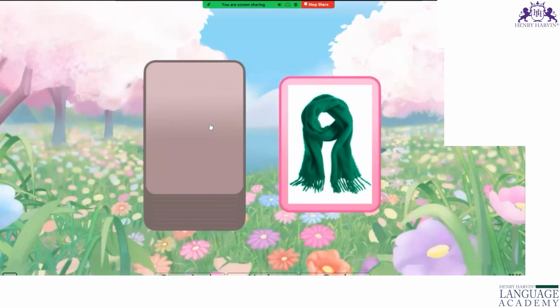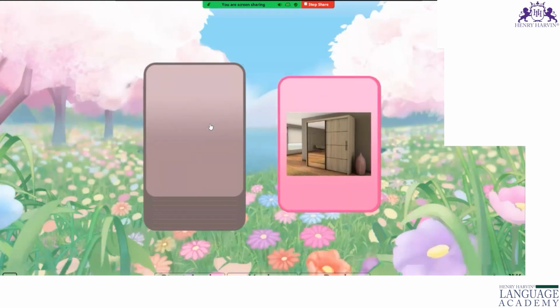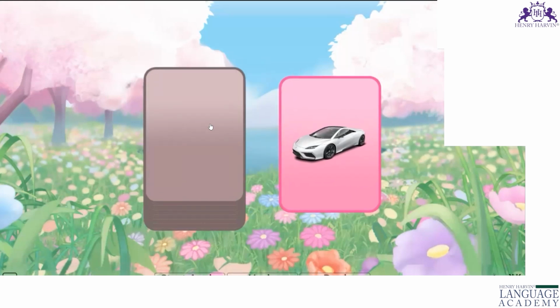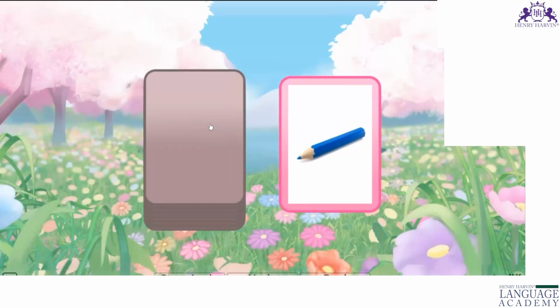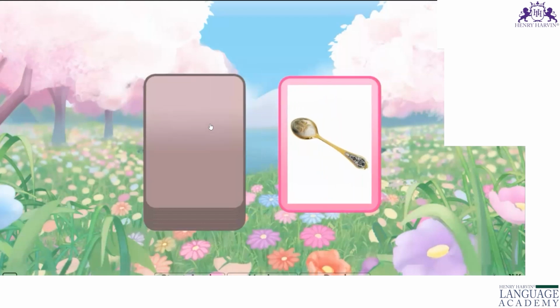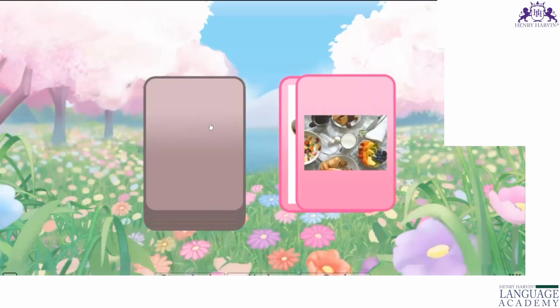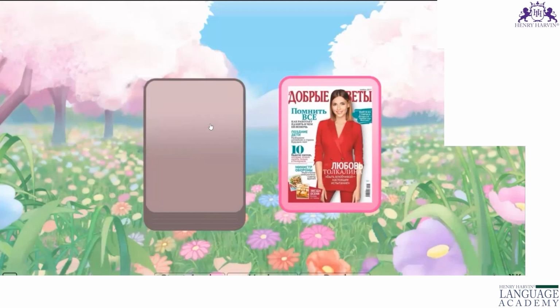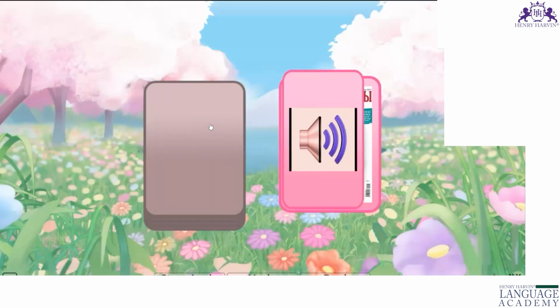Что это? Шарф. Шкаф. Школа. Машина. Карандаш. Нож. Ложка. Завтрак. Журнал.